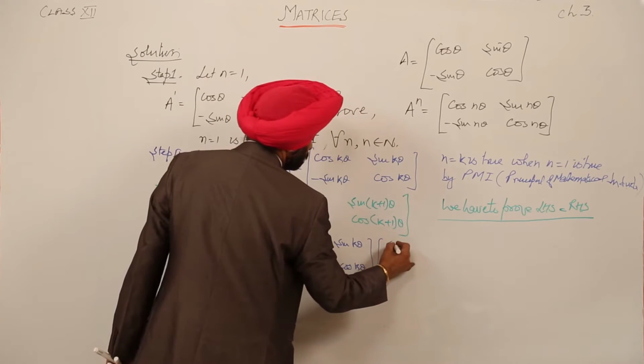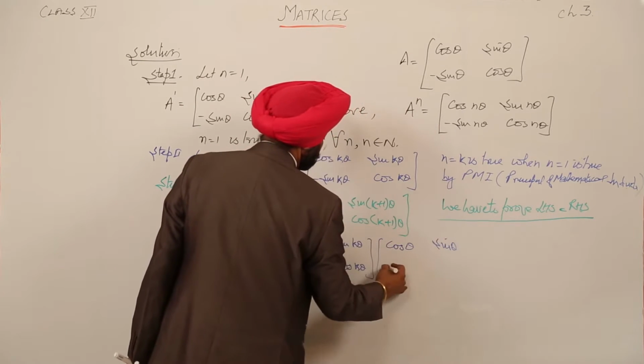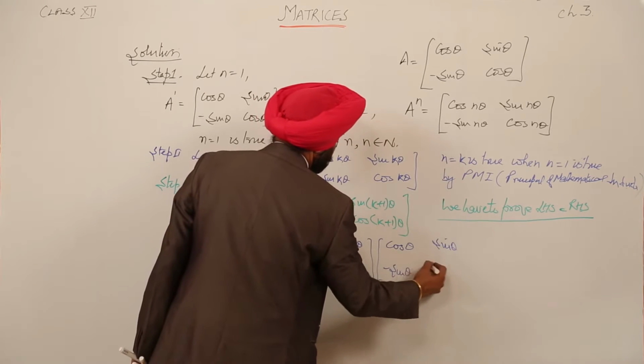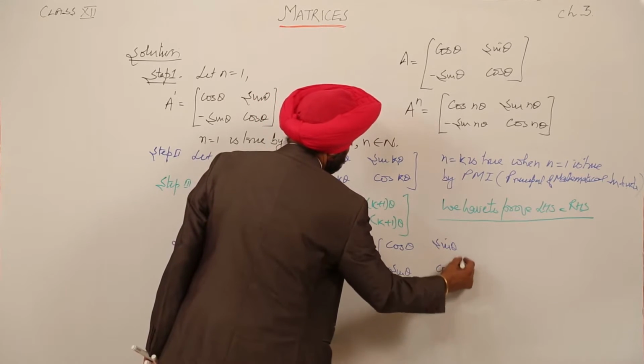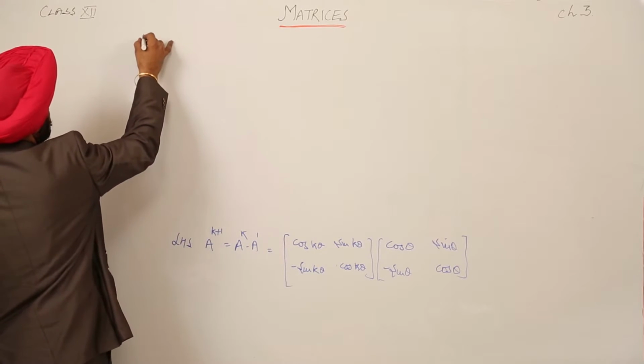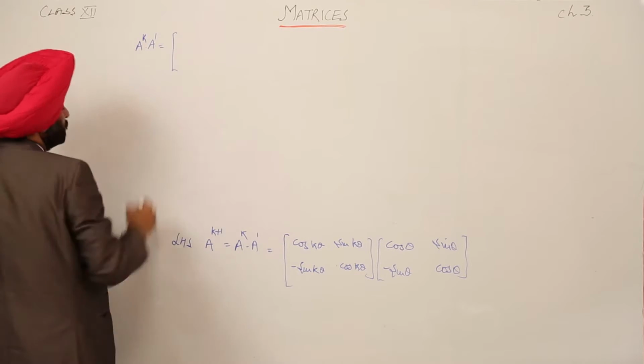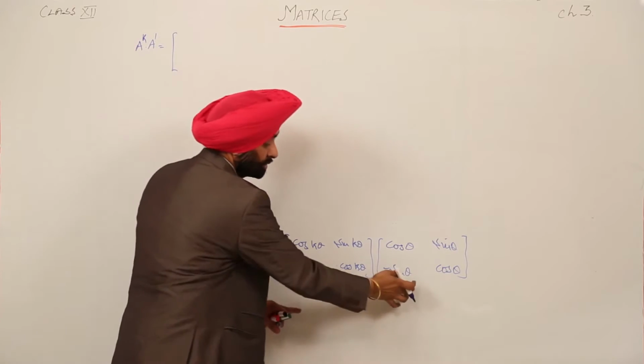Original question. Cos theta sin theta, minus sin theta cos theta. We have to multiply now.